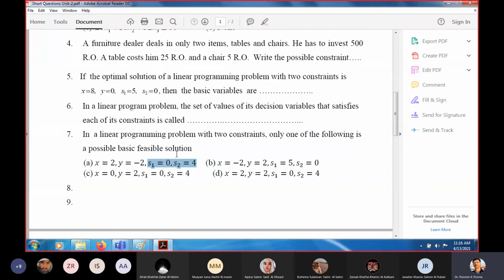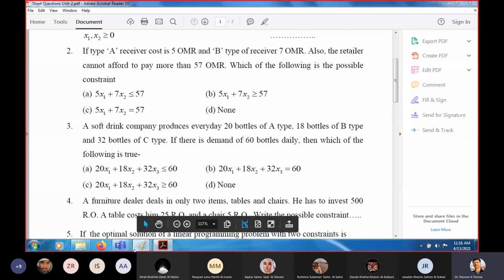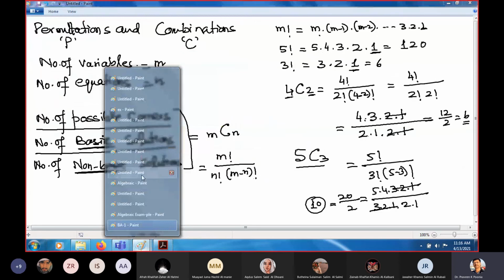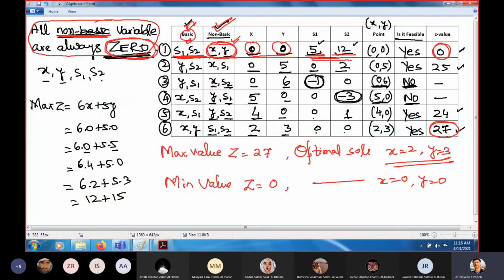This is the condition. Please remember these conditions so that you can find the solutions of every question. And one more question I explained to you. Please remember this: all non-basic variables are 0. This is a true-false question.